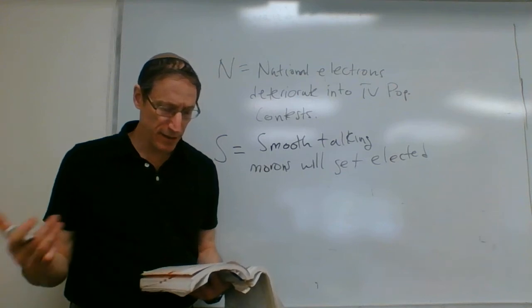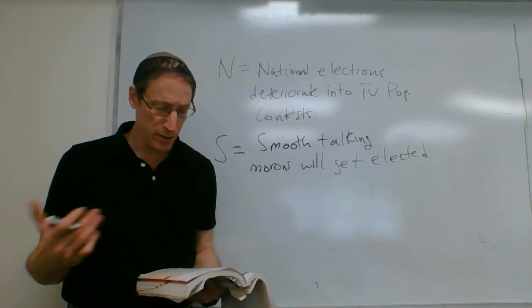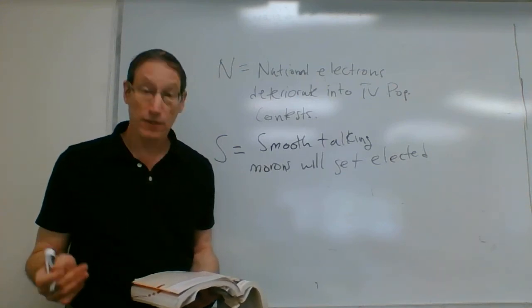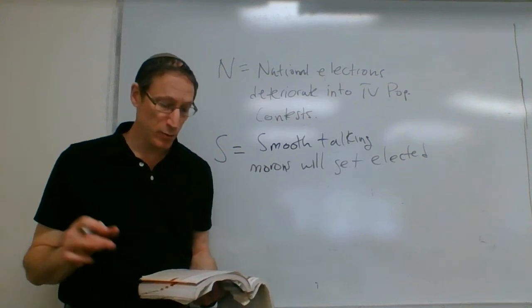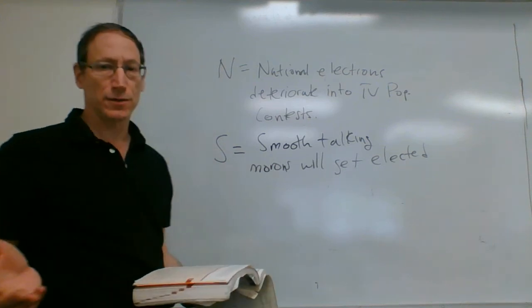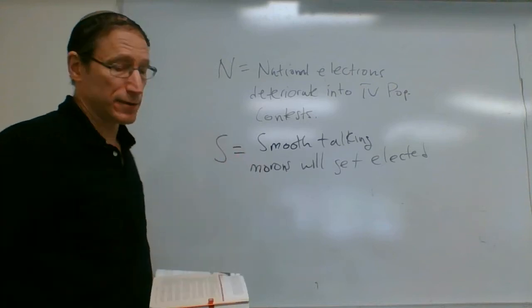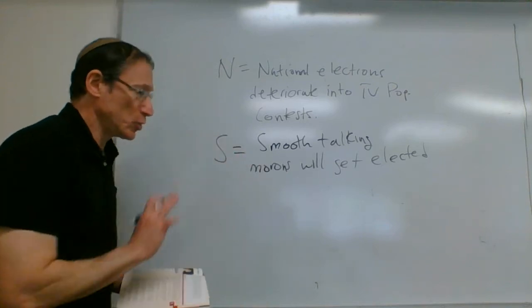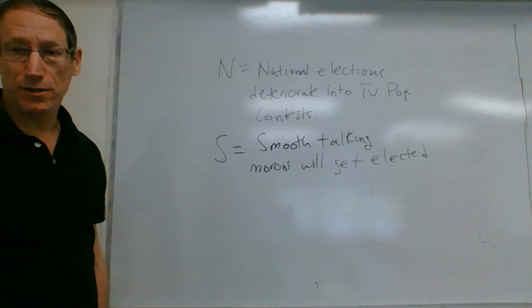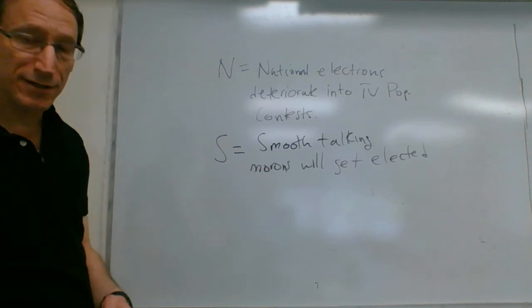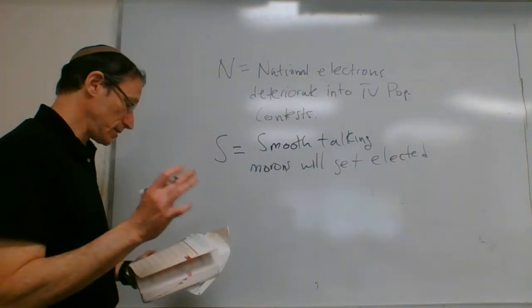The next sentence says, then if national elections do not deteriorate into TV popularity contests, then smooth-talking morons will not. Those are negations of these two sentences, right? So these are the only components in this argument. So it's an argument that has two components. Now I need to symbolize the argument.